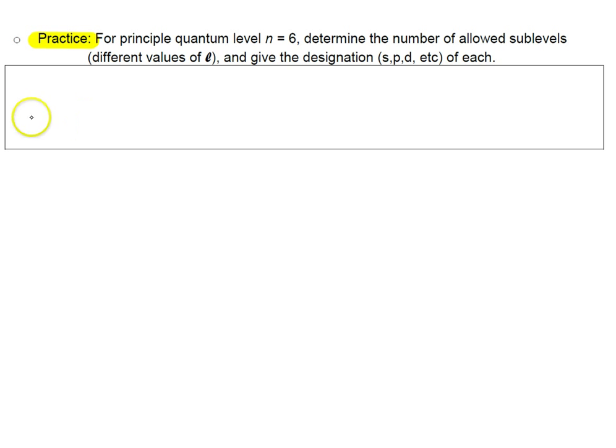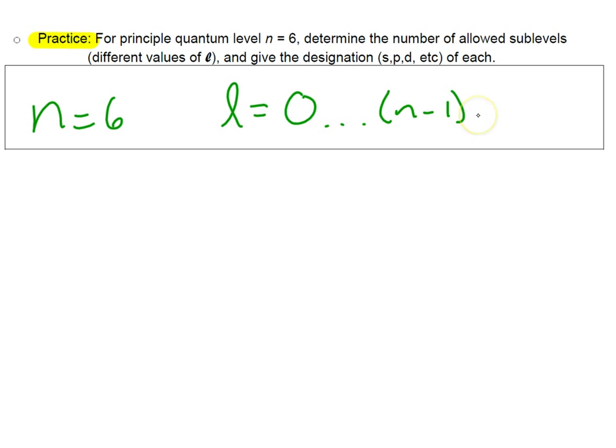So if n equals 6, and we're trying to solve for l, again, you're going to use the equation of a range 0 to n minus 1. So if you know that your n is 6, that means we're going to range from 0 to 5.